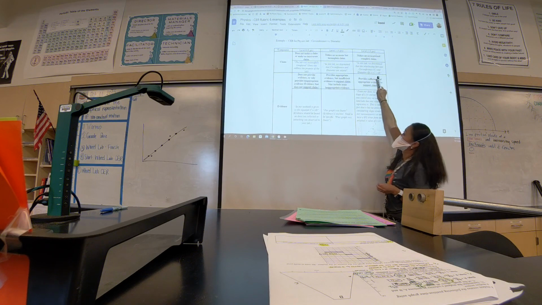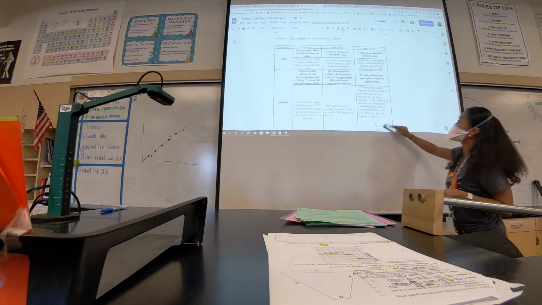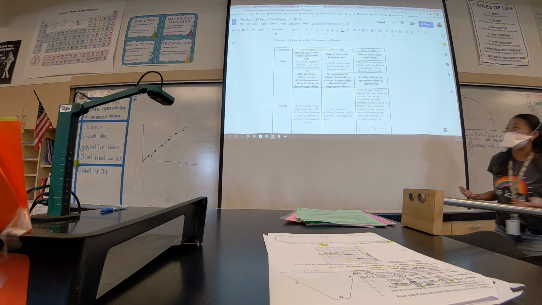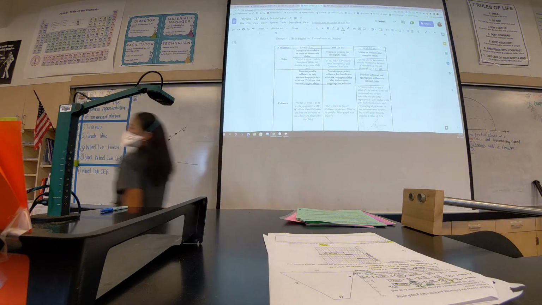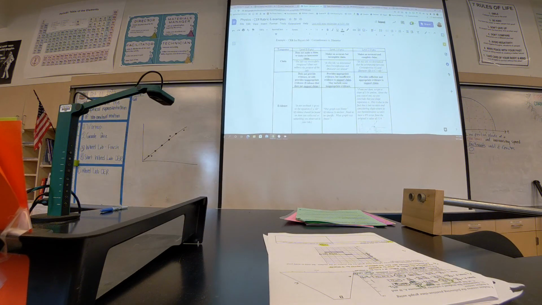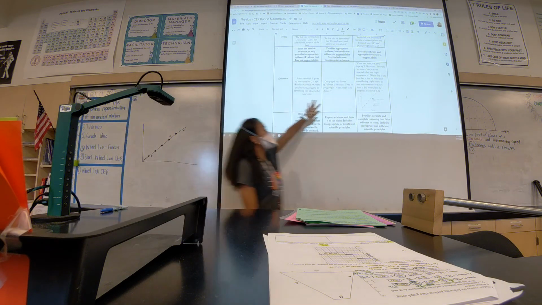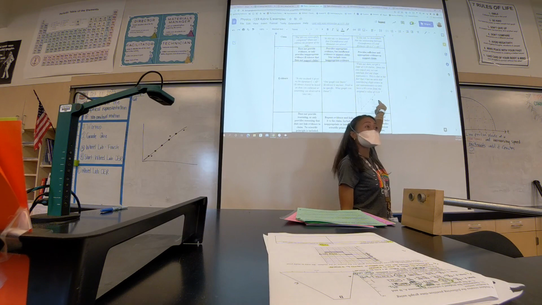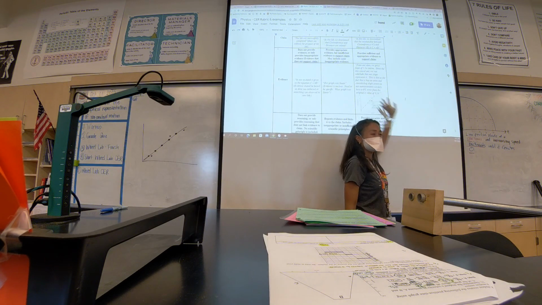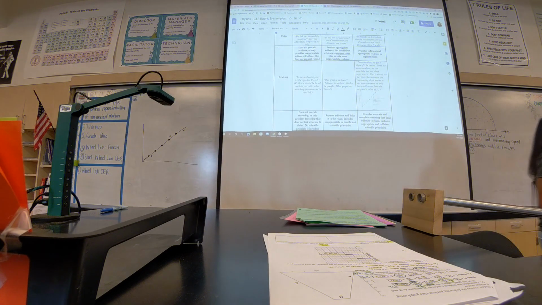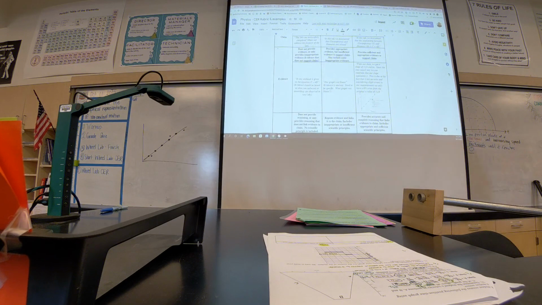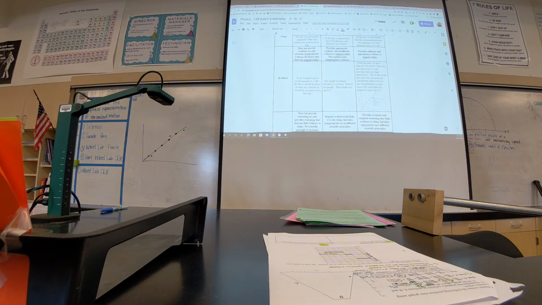That's your claim. Your evidence is going to be from your data. So I provided a graph for circumference and diameter. This is my data. This is a piece of evidence. What a lot of students do is they tell me their reasoning under their evidence.